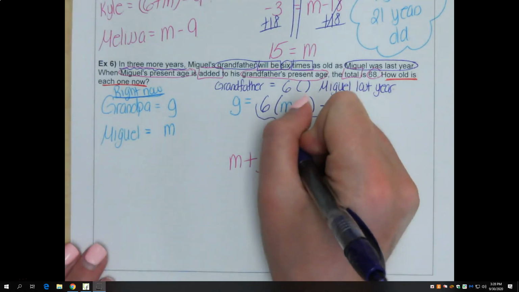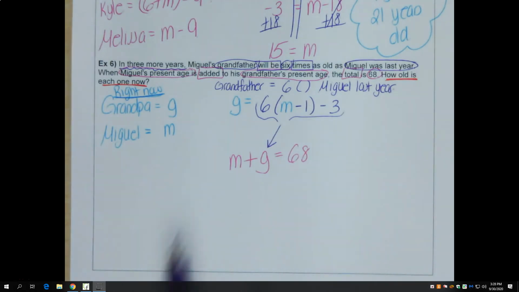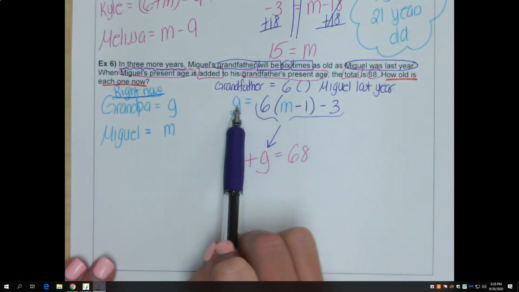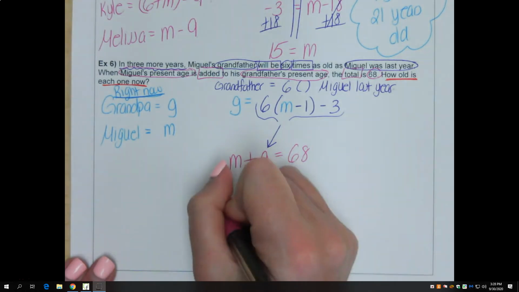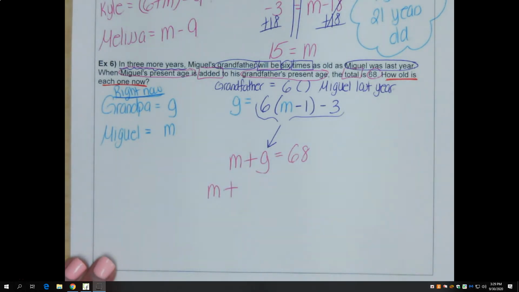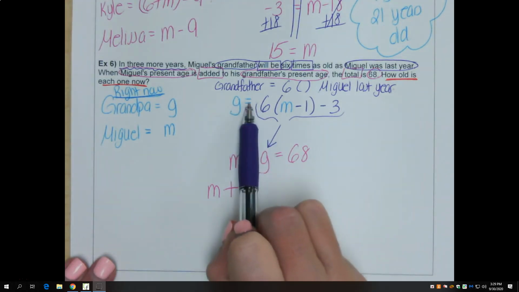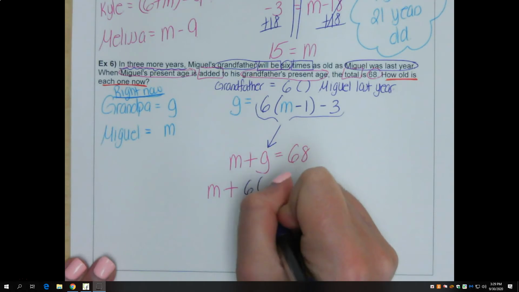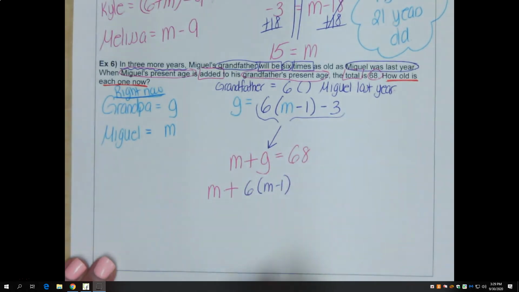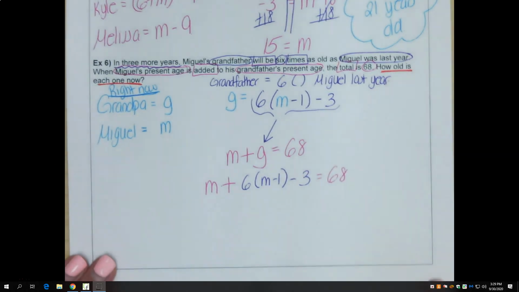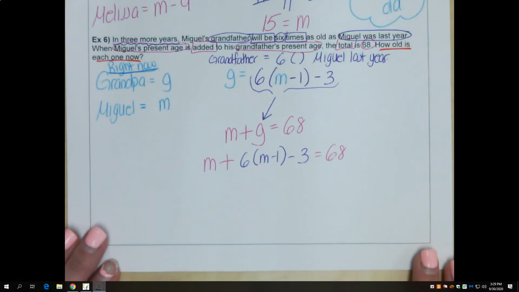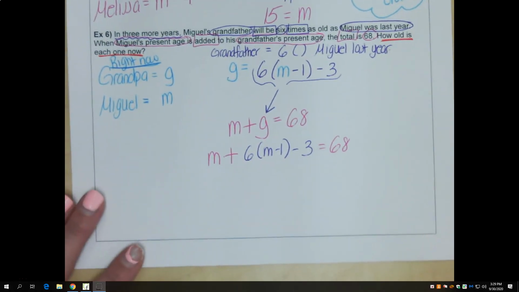So I'm going to take that and plug it in for G. I know that this is what G equals, so I'm going to replace it down below. So now I'm going to have M plus, instead of writing G, I'm going to write what G equals. It equals 6 times M minus 1 minus 3. And again, that whole thing should equal 68. And this is the equation that we're going to solve to get our final answer at the end.